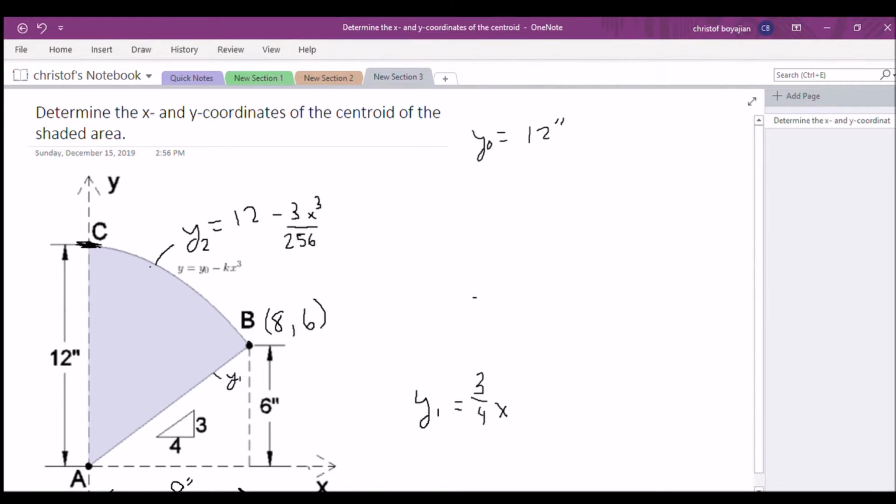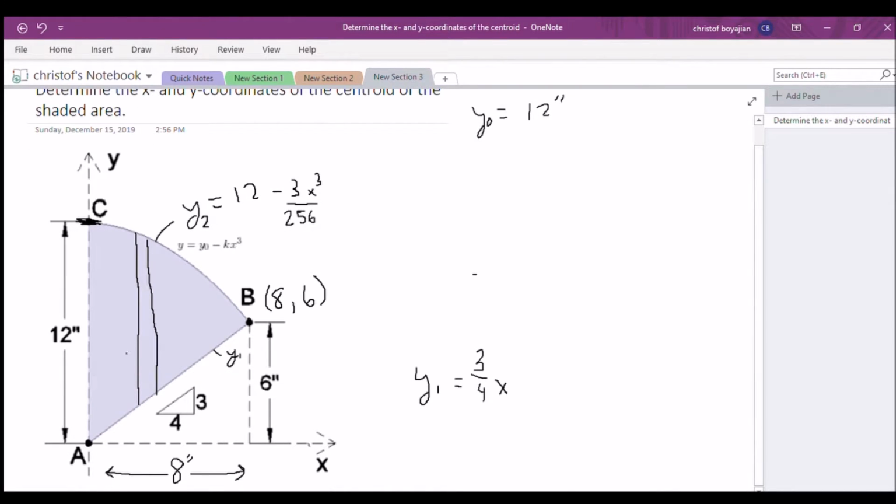Let's go ahead and figure out what our centroid is now that we've gotten basically all of the ground rules down. So I'm going to make a cross section in this direction with respect to x. And when we make this cross section, it can apply for all of these rectangles from 0 to 8 because there's nothing changing here.